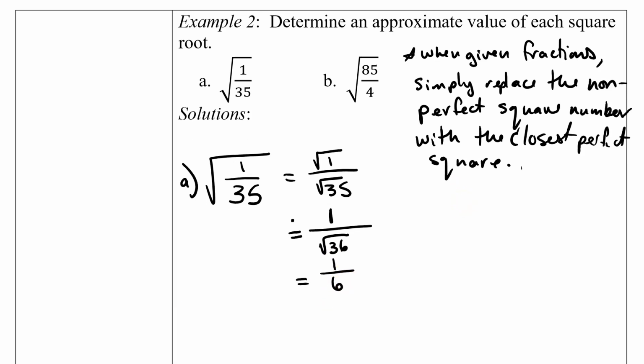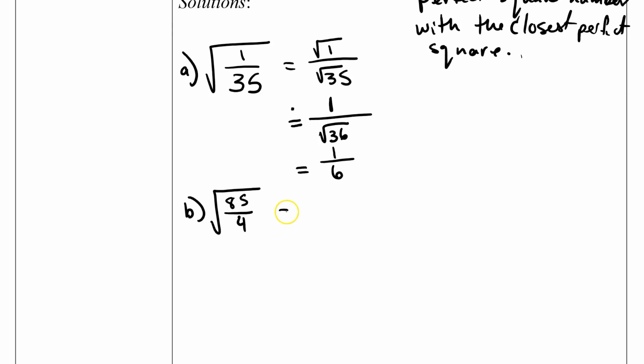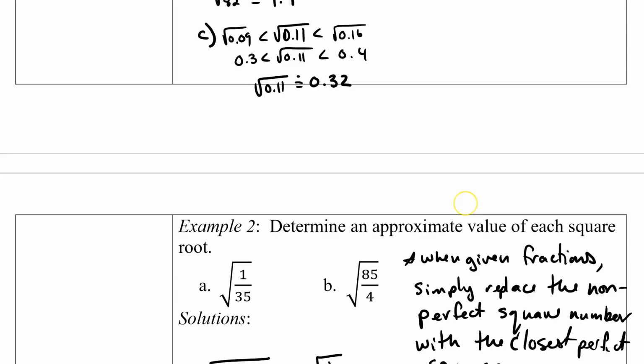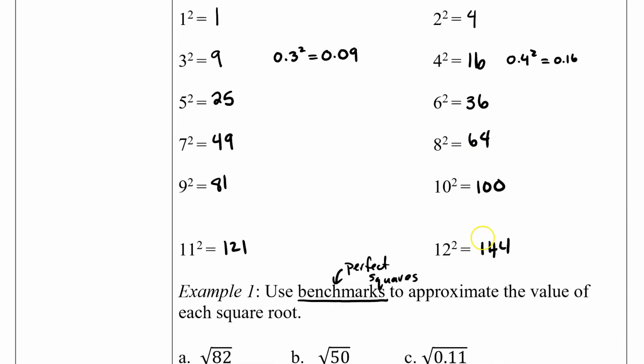Let's look at the next one. The square root of 85 over 4, and I'm just going to split it up into the numerator and denominator so I can simplify them differently. So that equals approximately the square root of 85. Let's see what that's closest to. We have 64, we have 81, and we have 100.